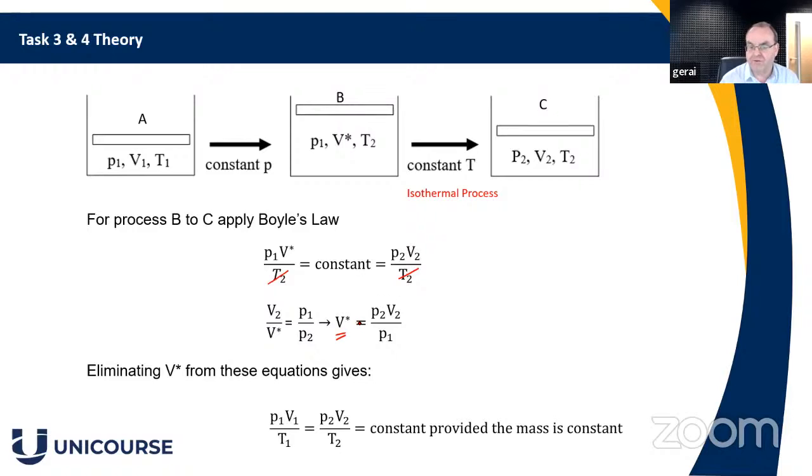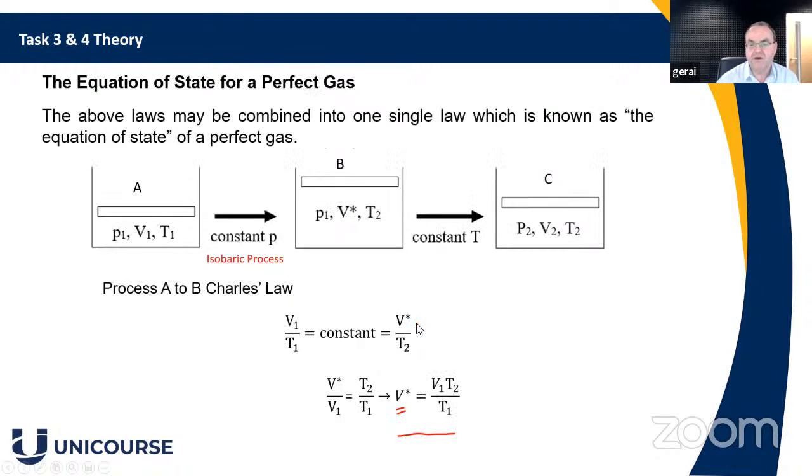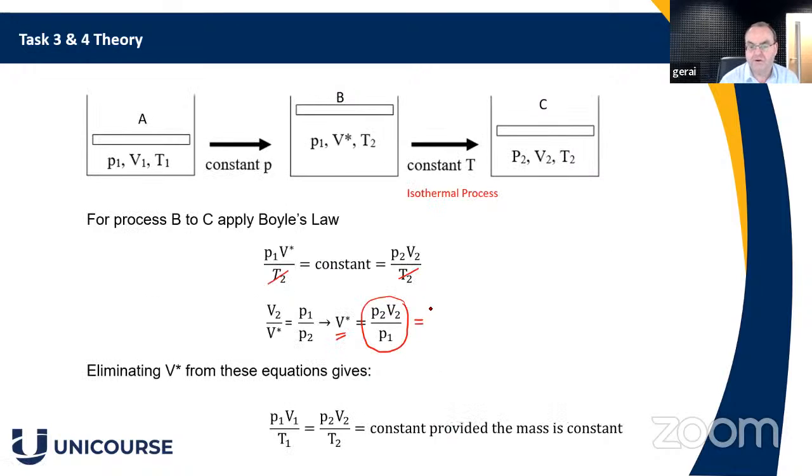So if we put this equation here, we know it's V1 T2 over T1, because we know that they are both equal to V*. So then we can rearrange that whole expression there, and we can rearrange that to give this equation down here.